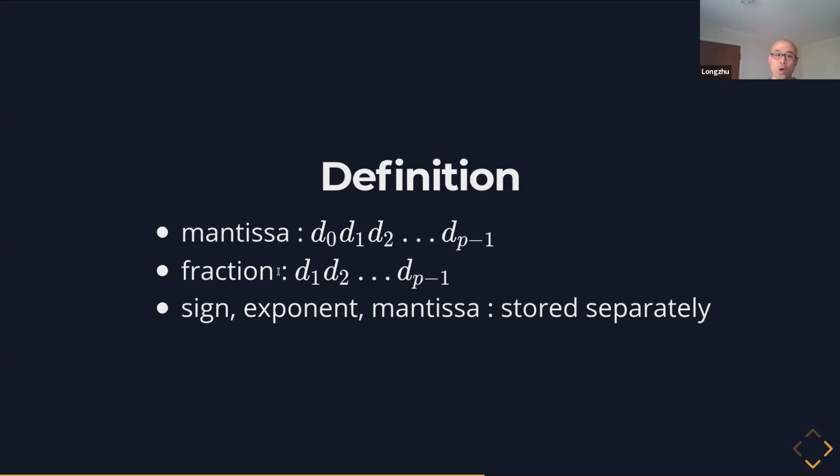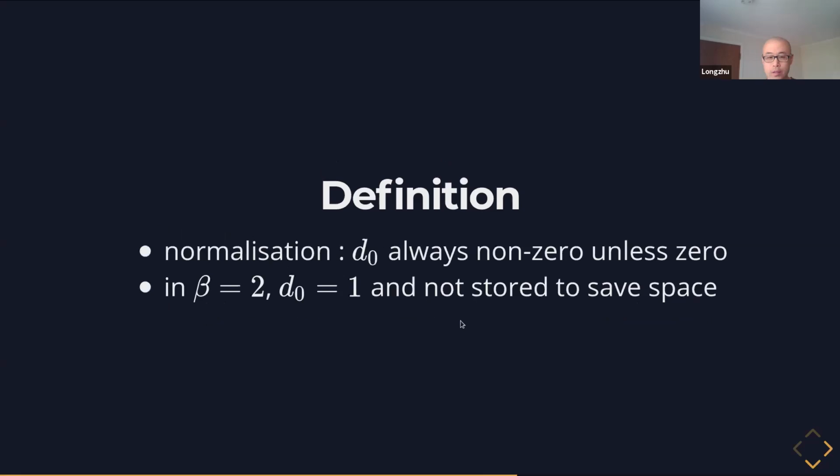And the sign, exponent, and mantissa are stored separately in the computer system. If this first digit is always non-zero, the system is called normalized. In modern computer systems, people normally use this, especially in binary, because that way you can save one more place.